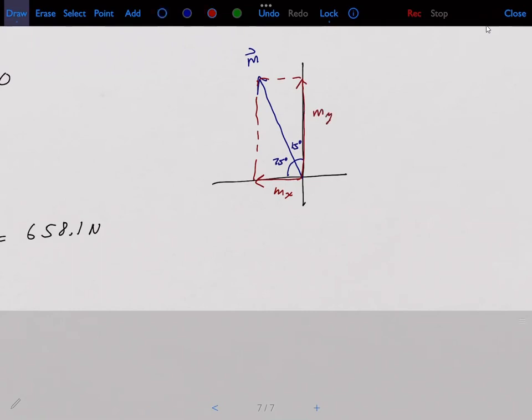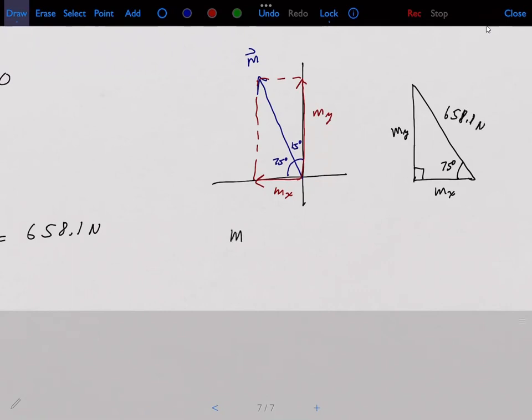So let's just use the triangle that contains the reference angle. It's just easier to always use a reference angle, because then we know the x component will involve cosine and the y component will involve sine. And we know the magnitude, we just found it, 658.1. So this hypotenuse is 658.1 newtons.